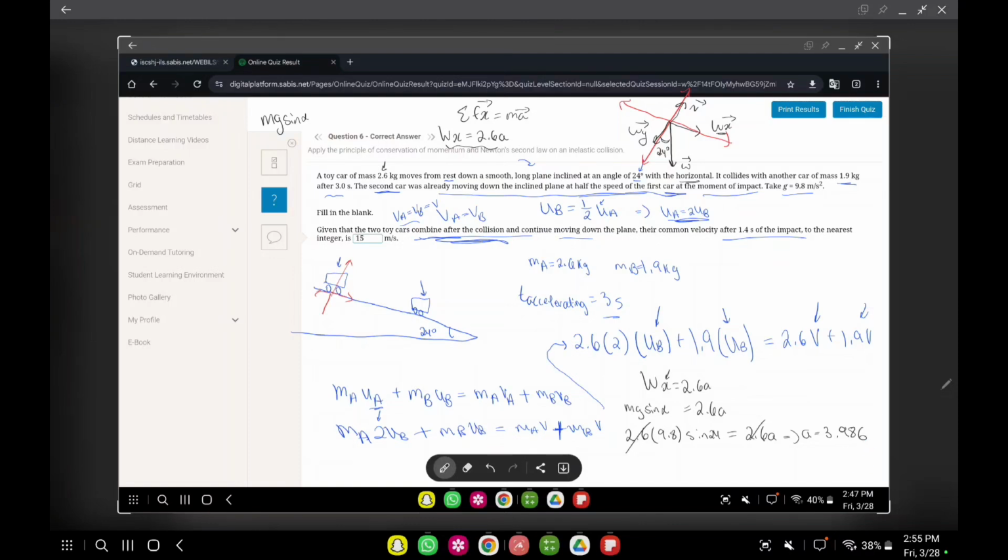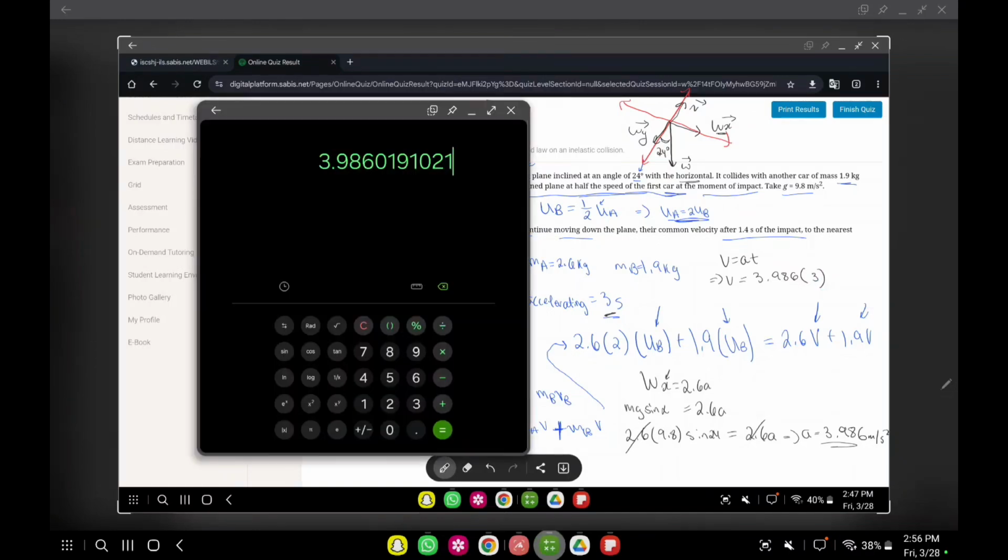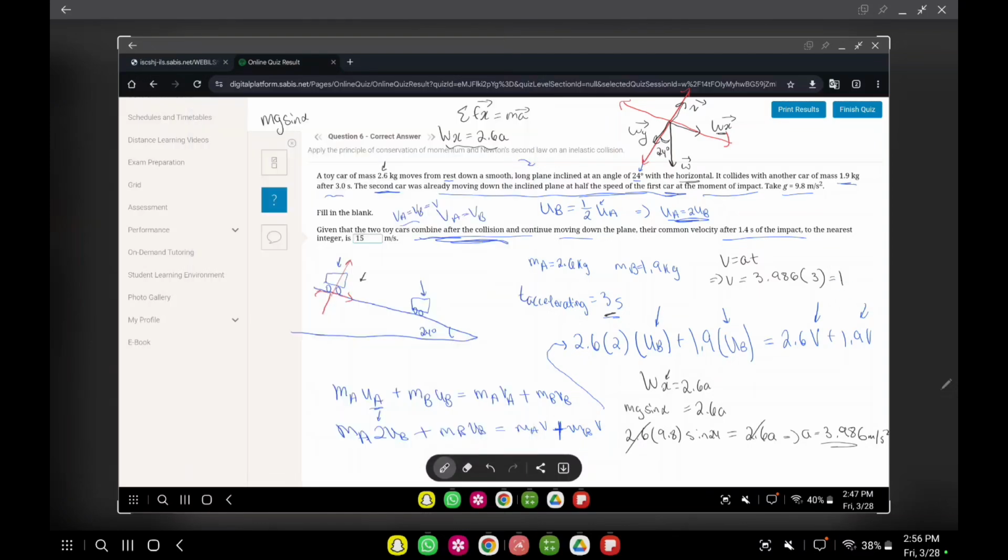Okay, I now know it accelerated for 3 seconds at 3.986 meters per second squared. Can I find the velocity? Yes, I can. V is equal to at. So therefore, V is equal to 3.986 times 3. Let's see, 3.986 times 3. You get 11.958 meters per second.